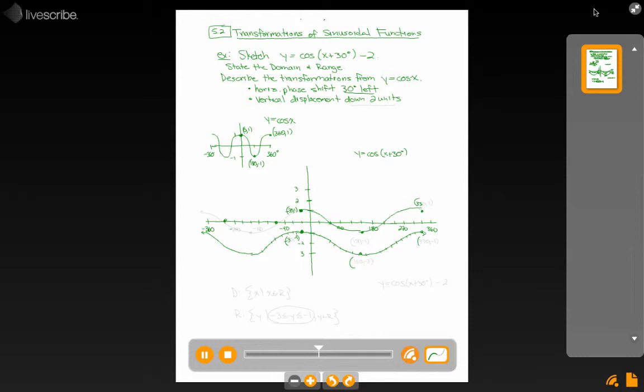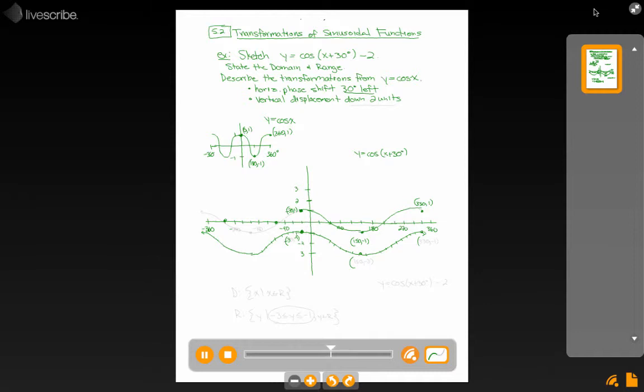And the one at the far end, 360, is now going to be at 330. So I've got 150, negative 1, and 330, 1. That should allow me to do a half-decent job of sketching one full cycle of this curve. Something very roughly like that.